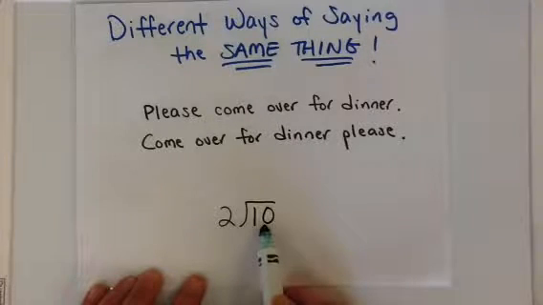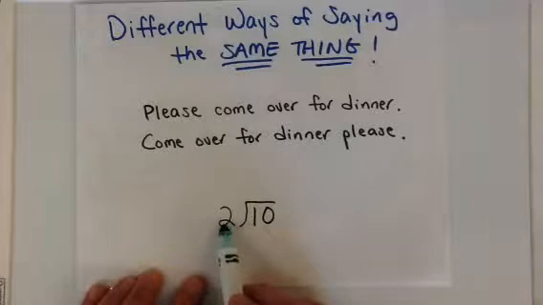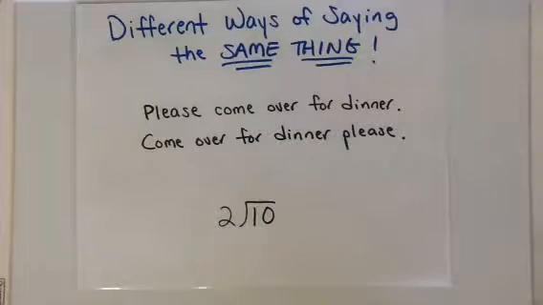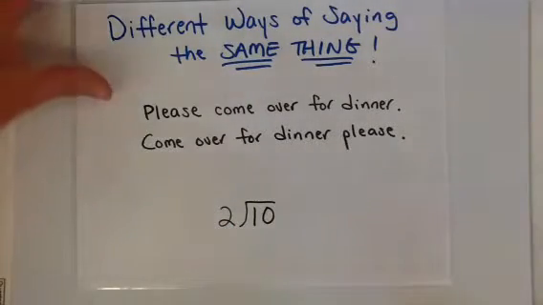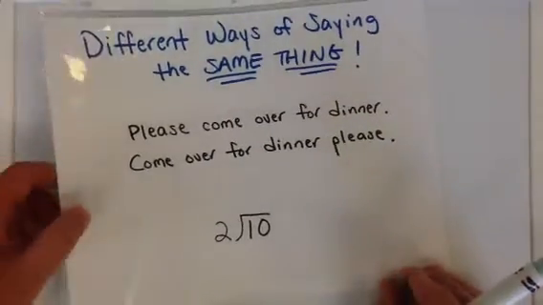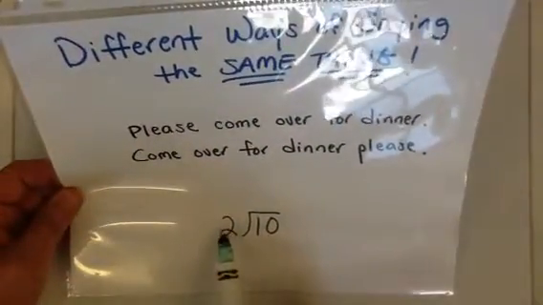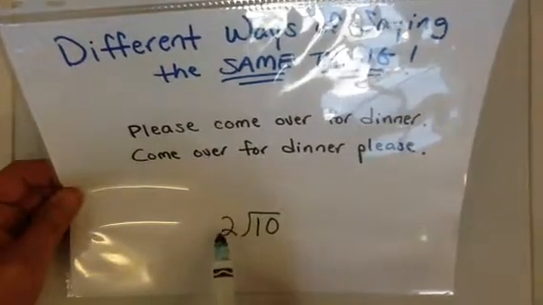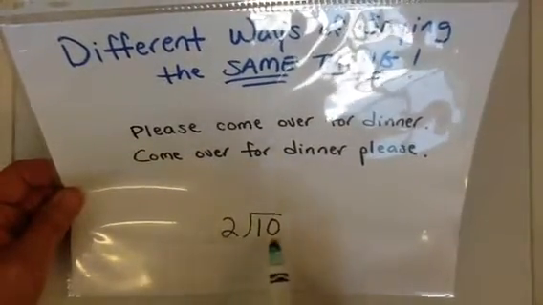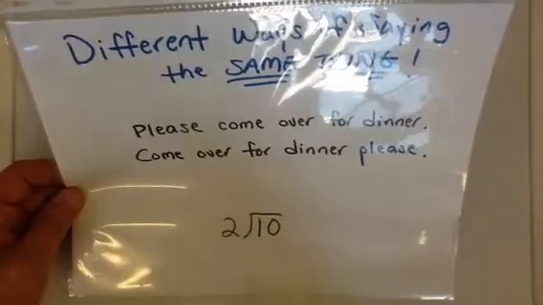You'd have to say 10 divided by 2. And we've talked about this in a previous lesson, so I'm just calling your attention to it. This is an example of being able to read something in math from left to right or right to left, but the wording changes a bit.